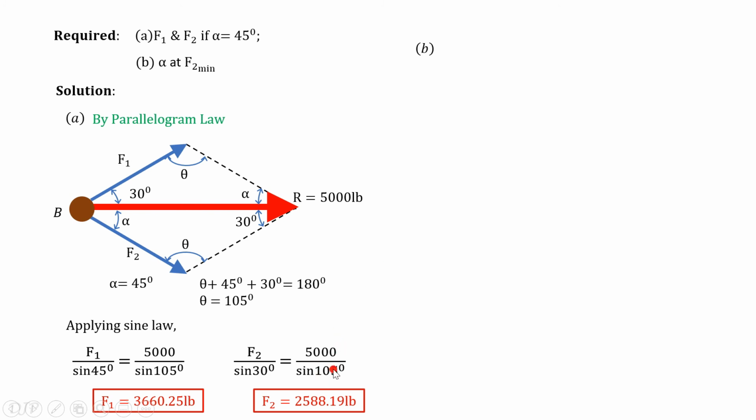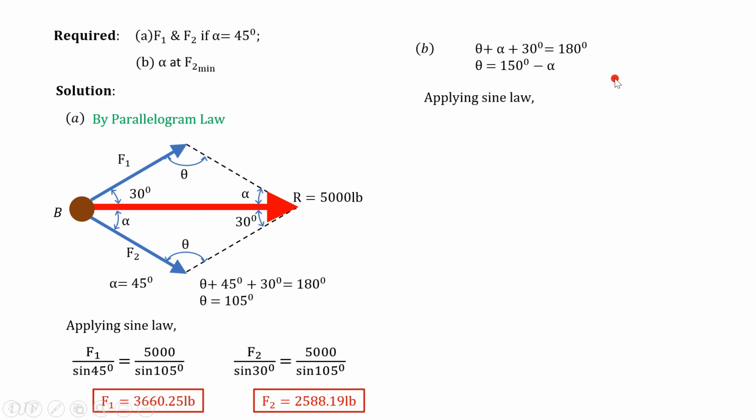To express F sub 2 in terms of alpha using sine law, we need first to express theta in terms of alpha. We use a similar process as we did here, that the sum of all interior angles of a triangle is equal to 180 degrees. Therefore, theta plus alpha plus 30 degrees is equal to 180 degrees. Thus, we can express theta in terms of alpha, such as this one.